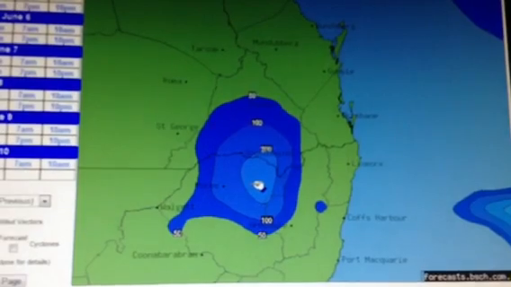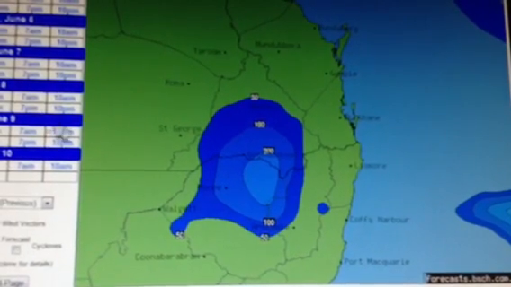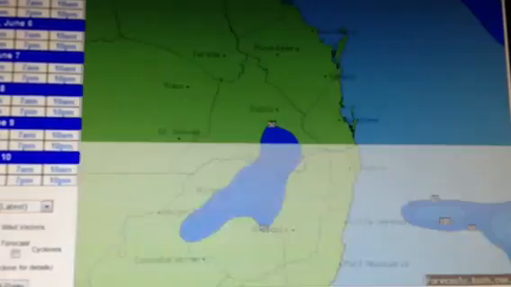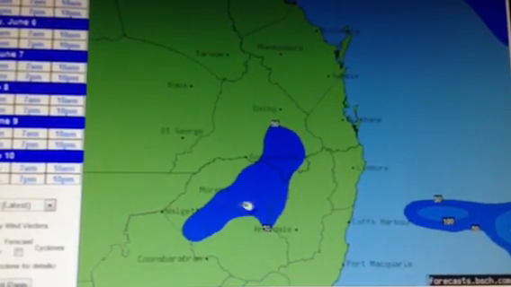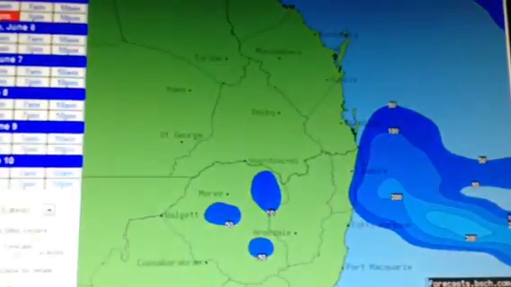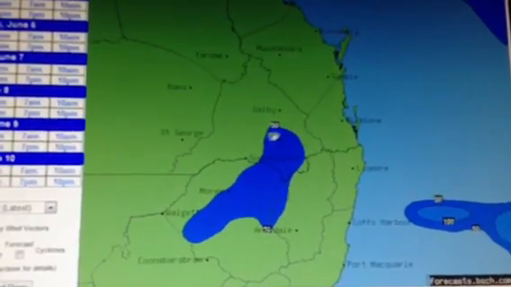If things change, we'll obviously continue to update this situation. I see the latest run has just come in, so we can change that. You can still see the area is still there, on 1 PM on Monday. So it has backed off a little bit.